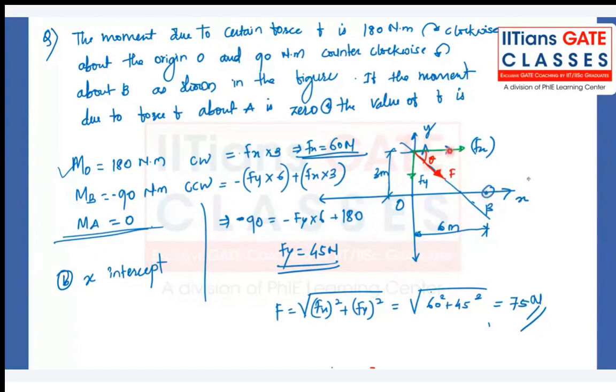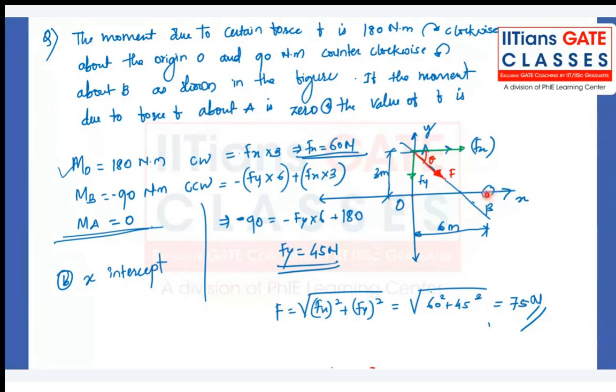It will create a clockwise moment. Okay, that's why the line of action of the force F should pass through the line joining origin and B. Then only that force will create a clockwise moment about O and counterclockwise moment about B. Is it clear now?